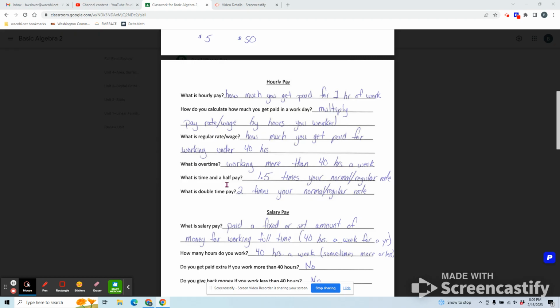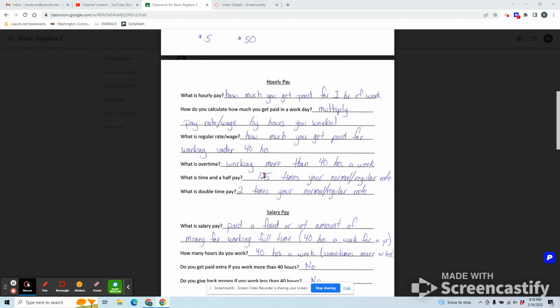When you work overtime, sometimes you get paid time and a half, which is 1.5 times your normal or regular rate. So back to this one, I said you get $10 an hour. So if I'm working time and a half, I'm going to do 1.5 times 10.